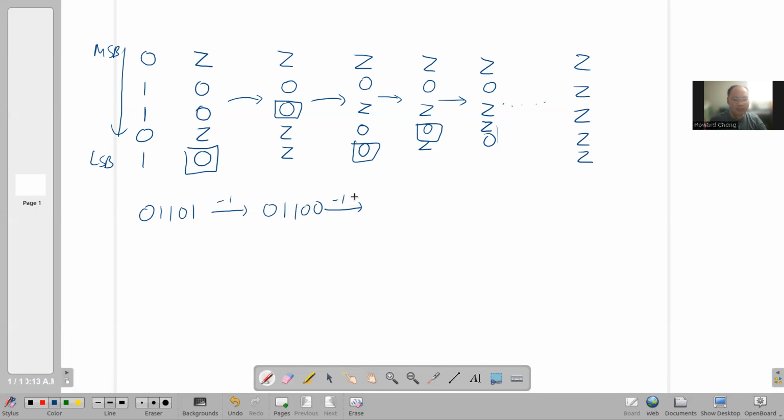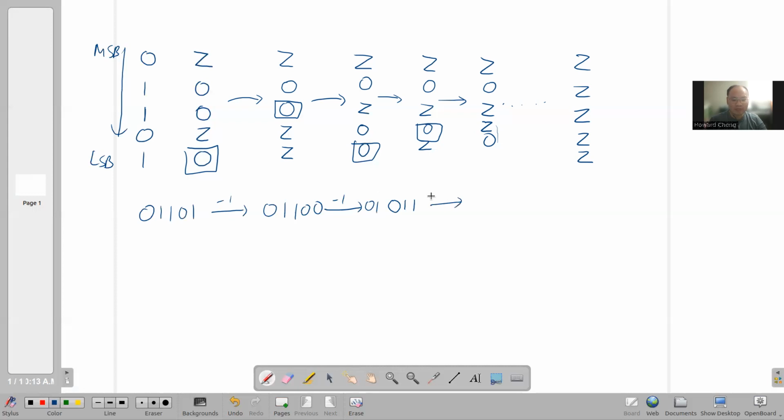You subtract 1 again, this time, the least significant bit is 0, so all of those bits turn into 1 by borrowing. And then the lowest one bit will become a 0, and then the next one's untouched.